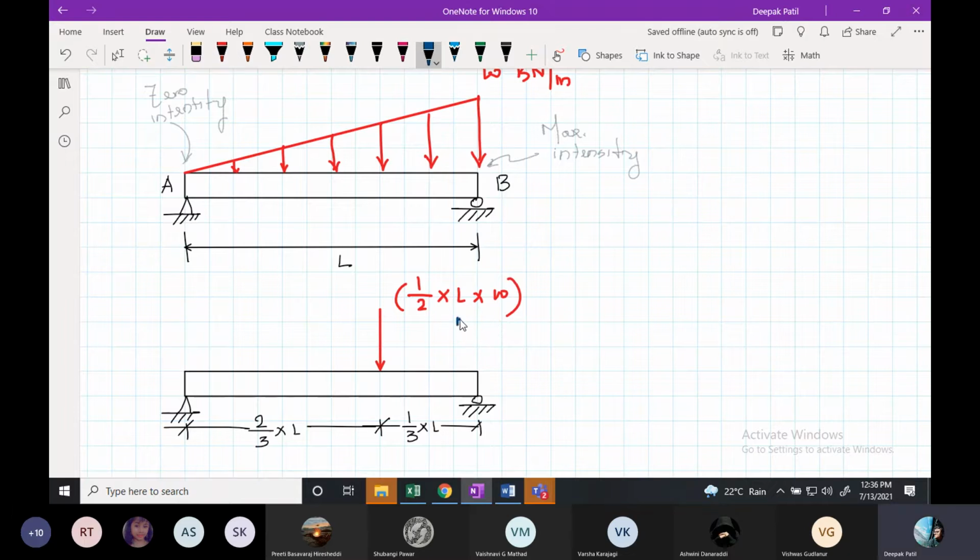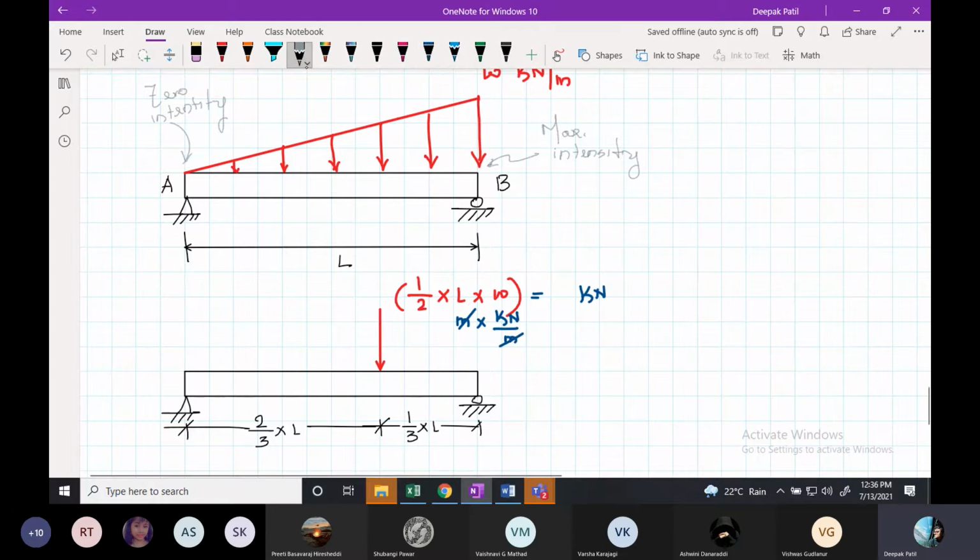Length is in meters and W is in kilonewton per meter. So the meters cancel, and the point load will have a unit of kilonewton.